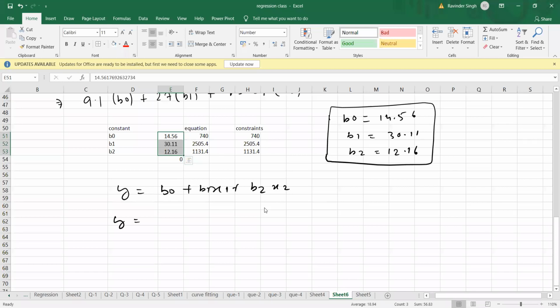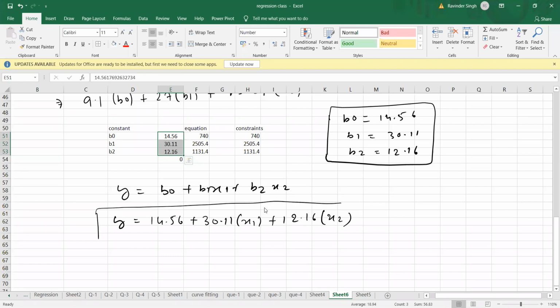So y becomes 14.56 plus 30.11 into x1 plus 12.16 into x2. So this is the multiple regression model we have completed. I will put this as y hat because this is the fitted model.